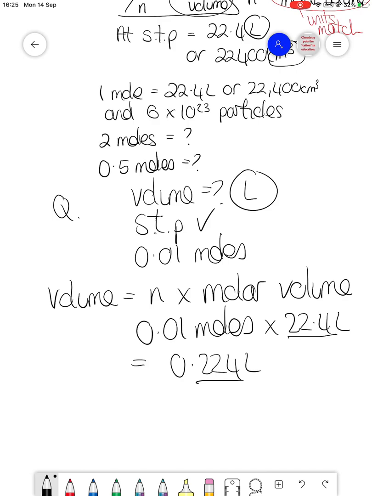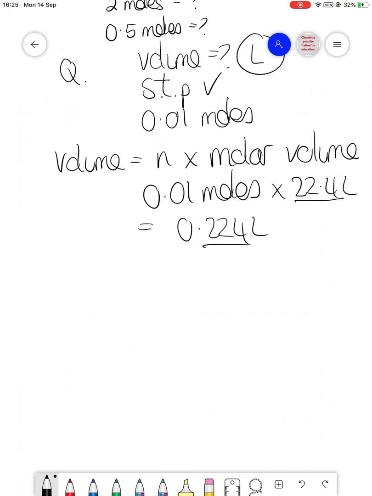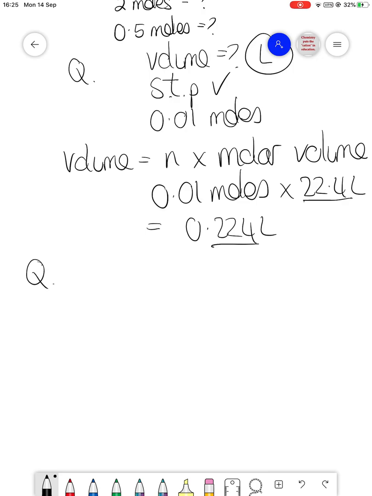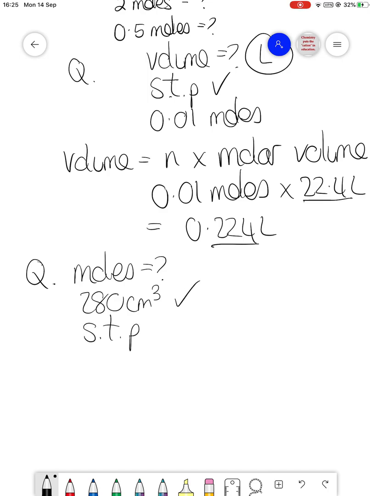So for the next one, see, can you set it up yourself, pause the video and restart. So in this question you should have found that we're trying to find out moles, that we have a volume of 280 centimetres cubed of fluorine, which means my molar volume at s.t.p will have to be in centimetres cubed.